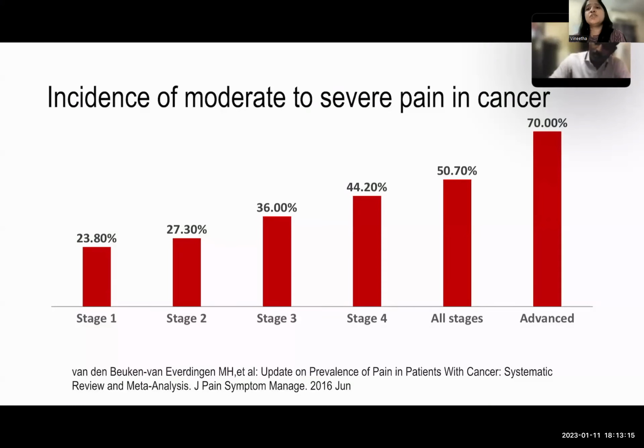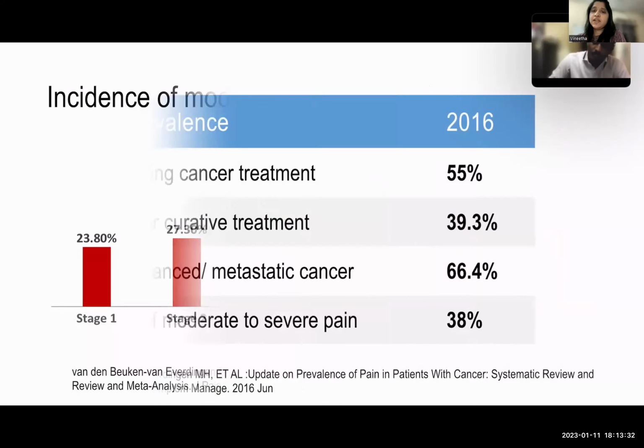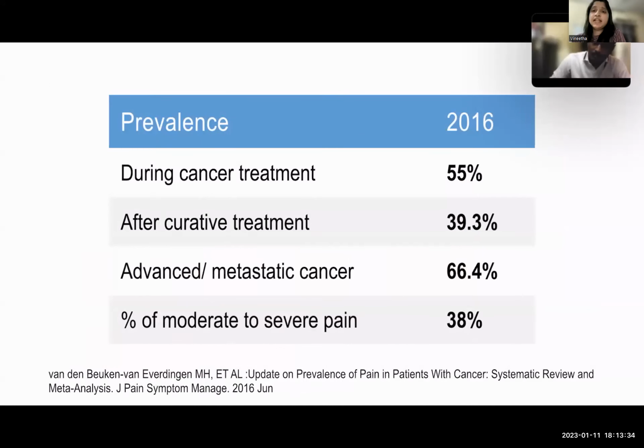And when you look at the advanced stages, it is about 70%. 70% of patients will have moderate to severe pain. The same study showed the prevalence. Here also you can see that in advanced or metastatic cancer, almost 66% is the prevalence of moderate to severe pain.